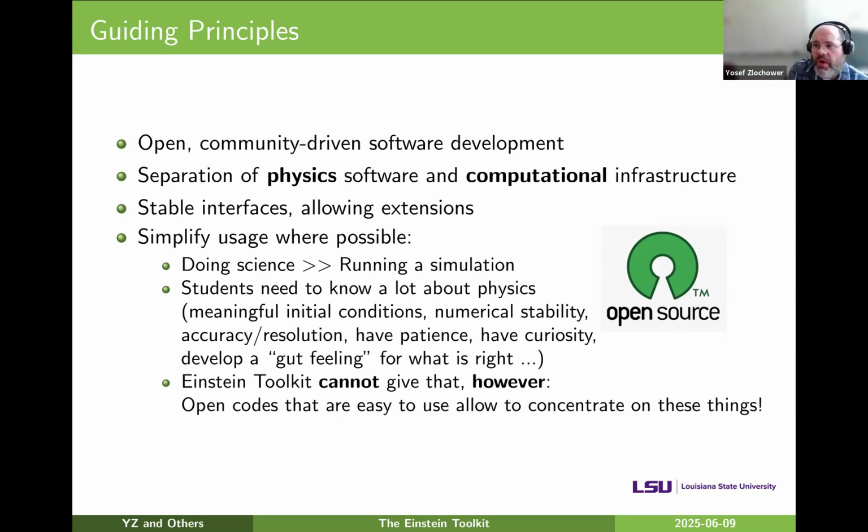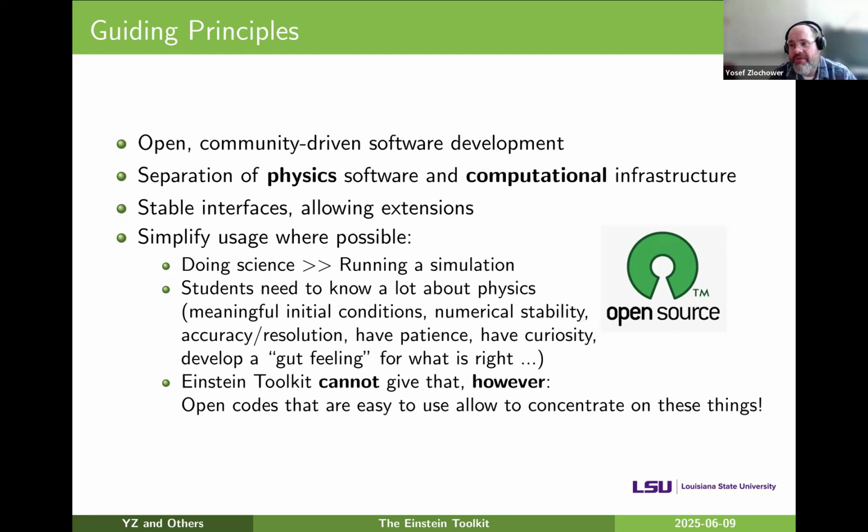A lot of physics knowledge is required to actually set up a proper simulation and to extract the appropriate results from that. The Einstein Toolkit's job is not to teach you the science, but to make it so that you can use the science that you've learned and actually set up appropriate simulations.